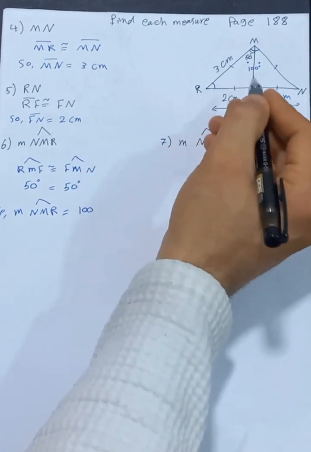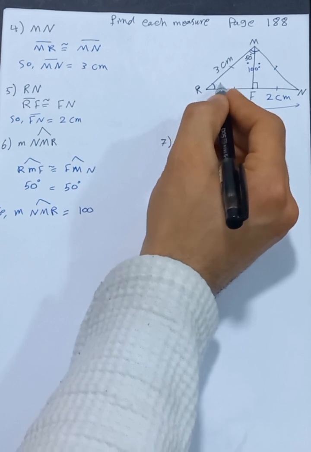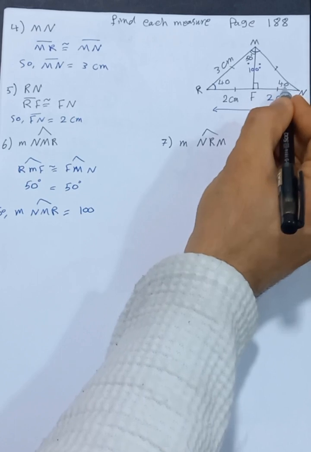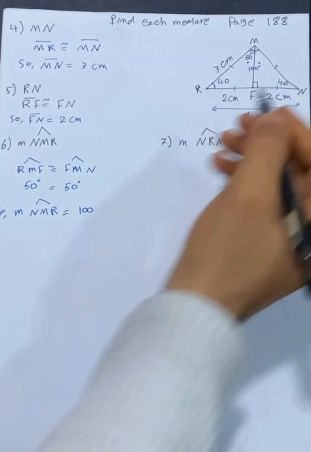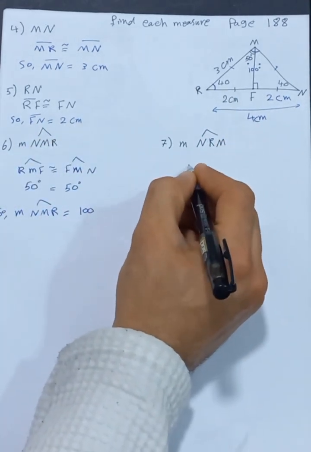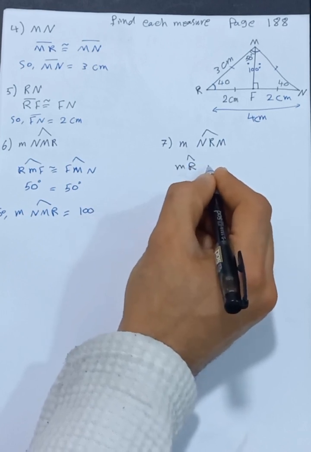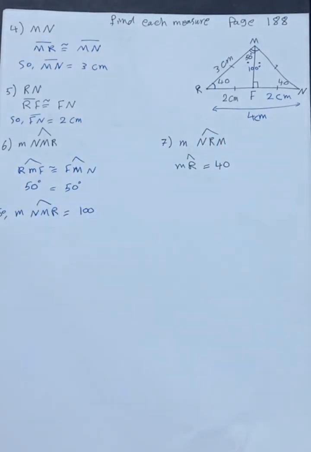So when we divide 80 degree by 2, because we have just this side, it is 40. 40 with 40 is 80. 80 plus 100 is 180. So we can simply write that the measure of angle R equals 40. That's it. I hope you'll understand.